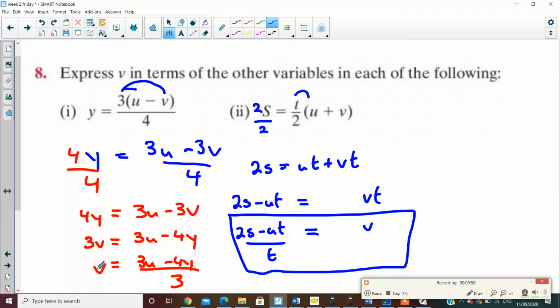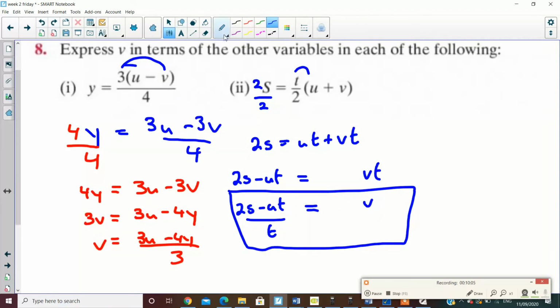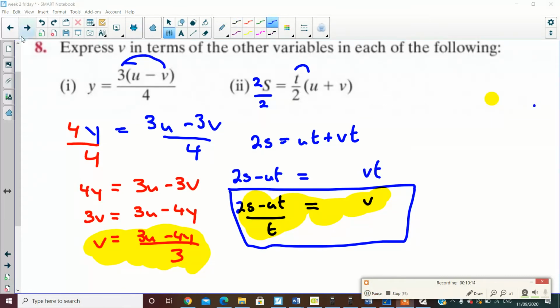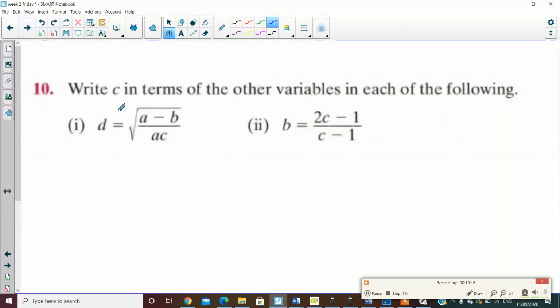All right, lads, there's the two answers for question 8. I just want to check them. Then follow up with 12. Anytime you see a square root, square both sides.